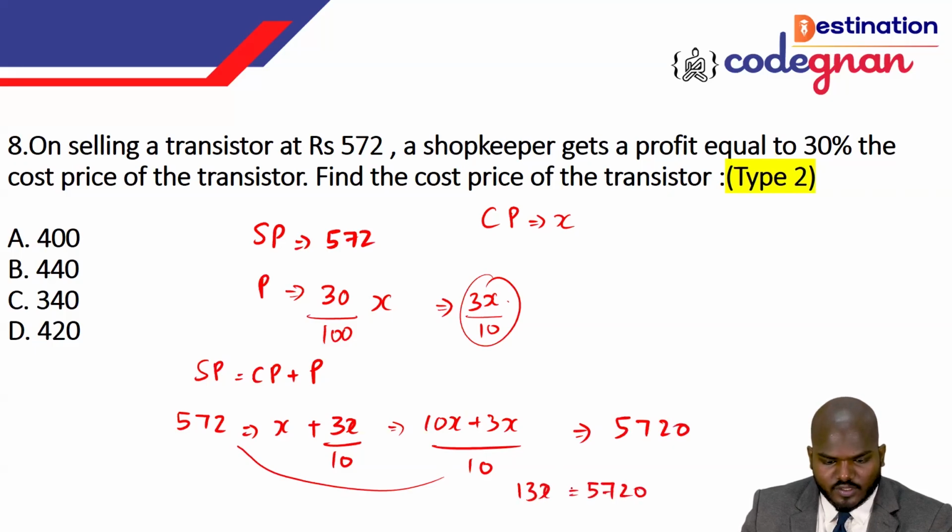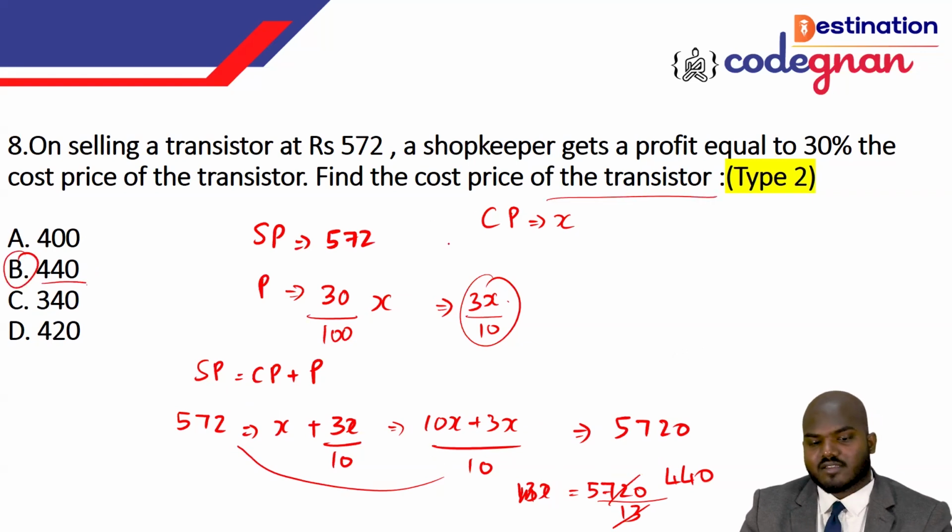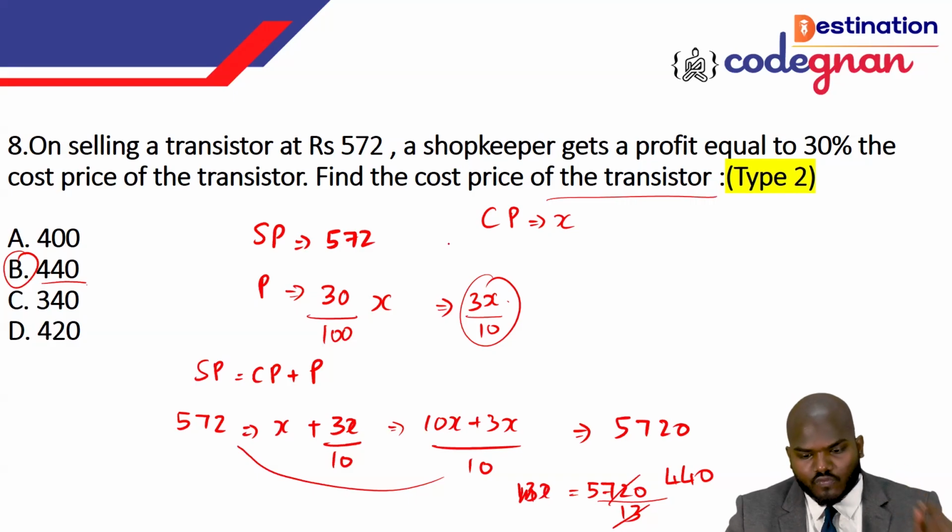Keeping x there and moving the 13 here, 13 times 440 will give you the answer 5720. So x is equal to 440, option B is the answer. The cost price of each transistor is 440, the exact answer to the question.